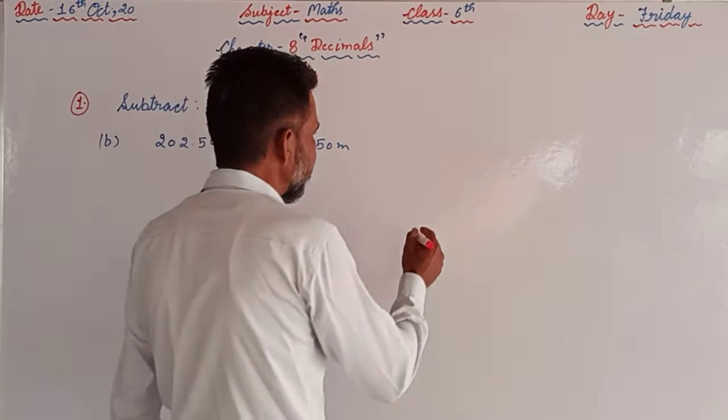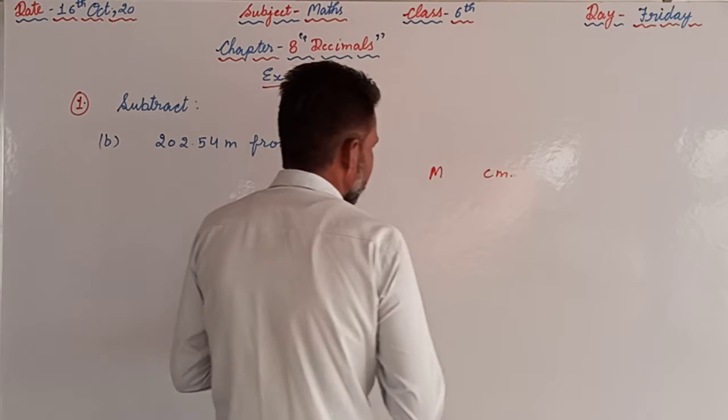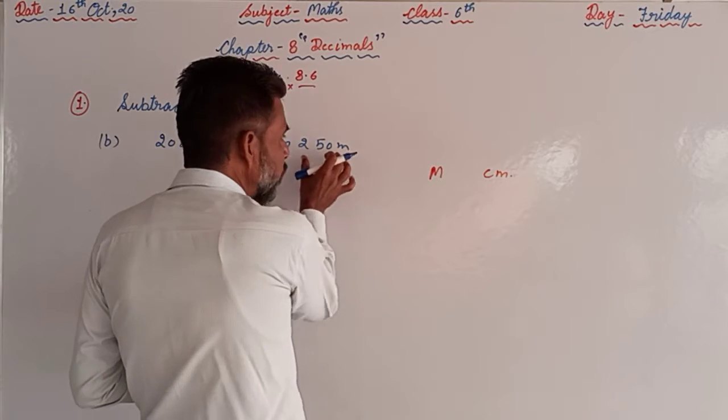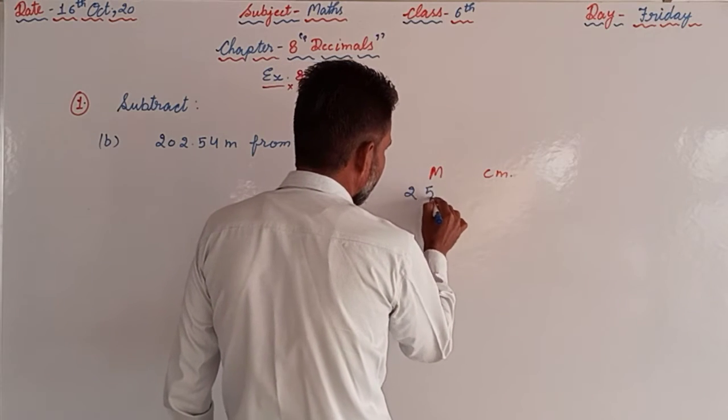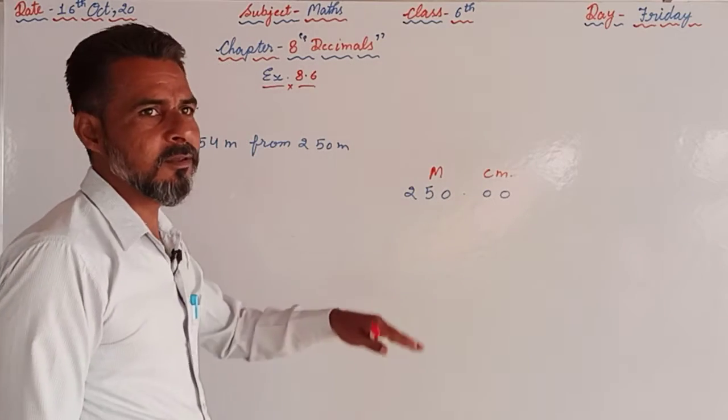So as I told you previously, meters and centimeters, in between them there is a decimal. So 250 meters 0.00 centimeters. Centimeters are not there.